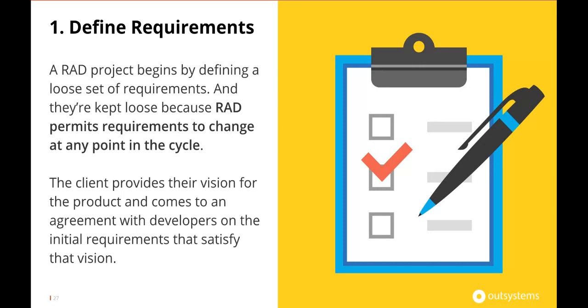And of course, RAD wants to confer with clients and business users frequently, such that requirements that were once thought valuable can be reconsidered and new requirements can be added to better reflect what's actually happening with the piece of software.